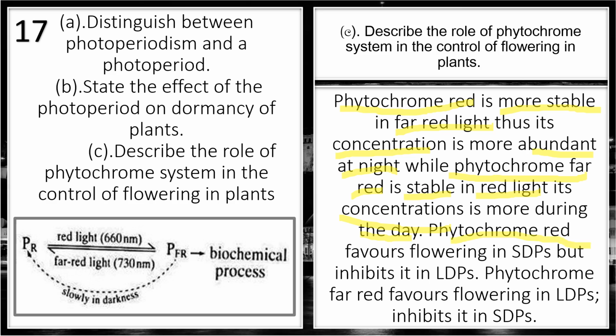Phytochrome red favors flowering in short day plants, but inhibits it in long day plants. Phytochrome far red favors flowering in long day plants and inhibits it in short day plants.